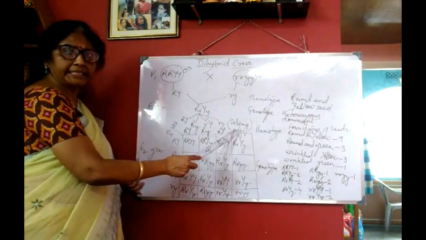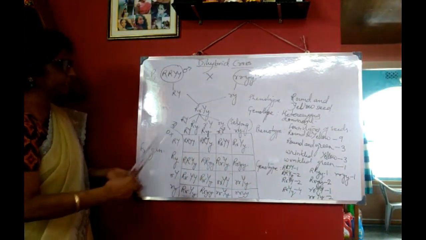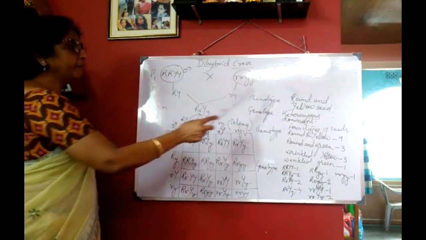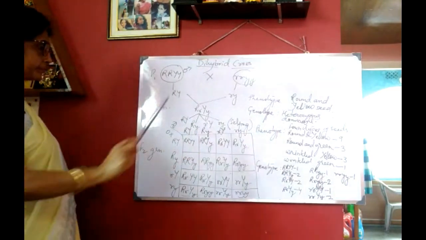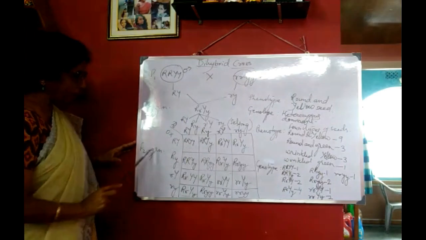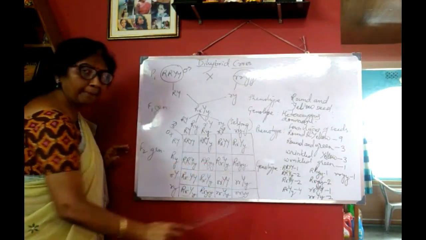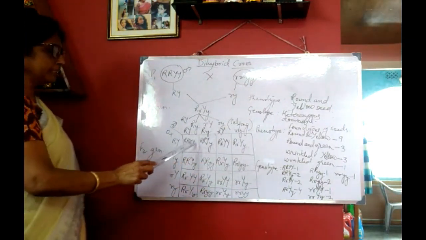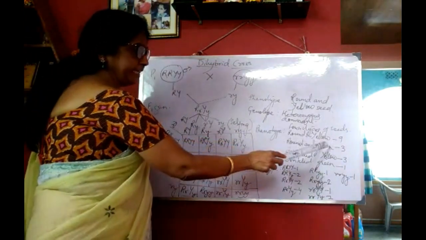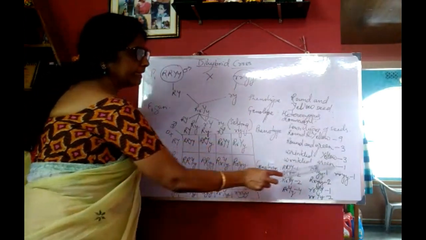Then self-pollination is done. Self-pollination means the male gametes and the female gametes come from the same plant, that is, heterozygous dominant for color and shape. After selfing, the offspring obtained in the F2 generation, through a Punnett square we have studied, show different types of phenotypes: round and yellow, round and green, wrinkled and yellow, and wrinkled and green.